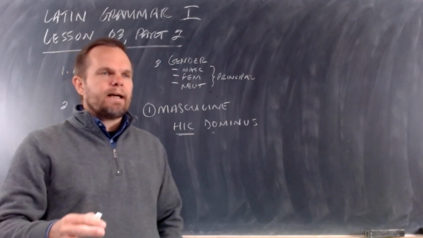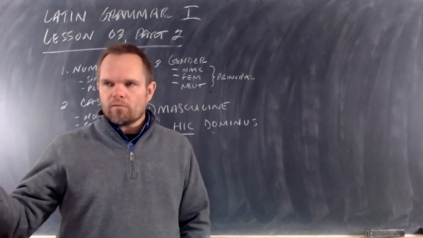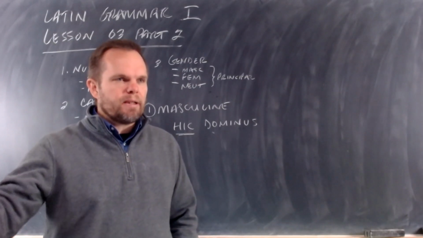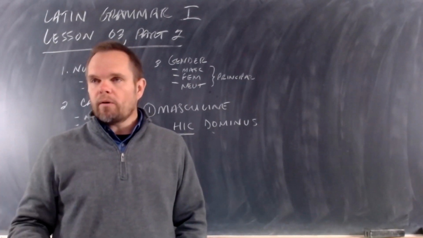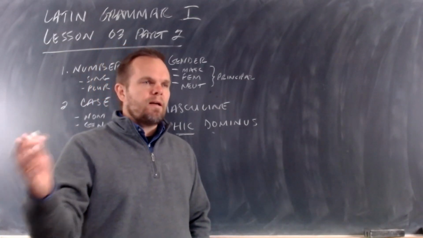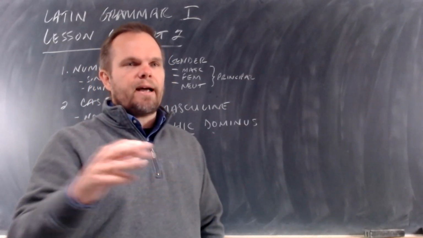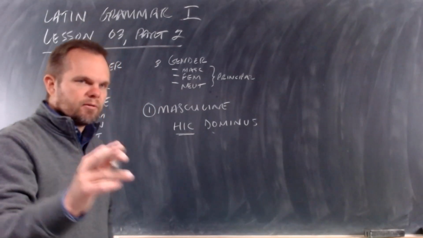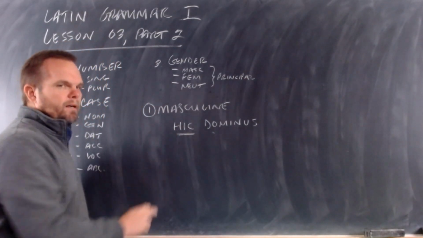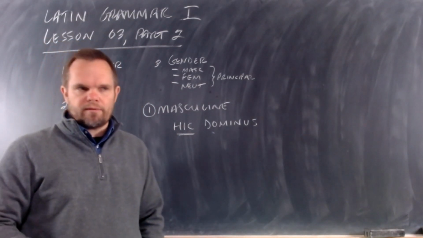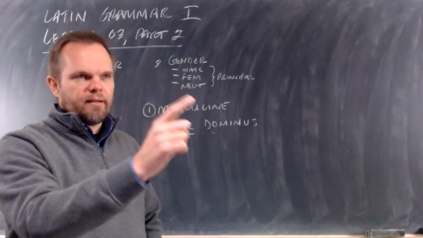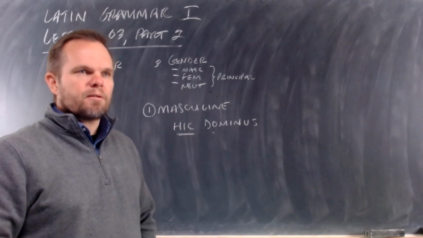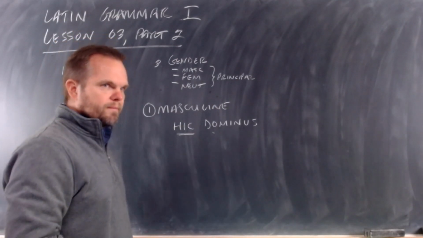What we're really asking is, what did the Romans, what did the Latin speakers think was masculine? And how do we know that? How do we know that the Latins thought that this or that was masculine? And the answer is, they put the pronoun hic in front of it. That's how we know that they viewed it as a masculine word.